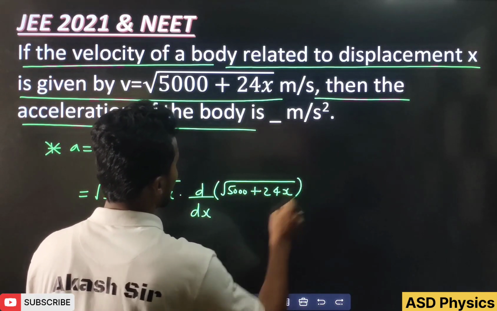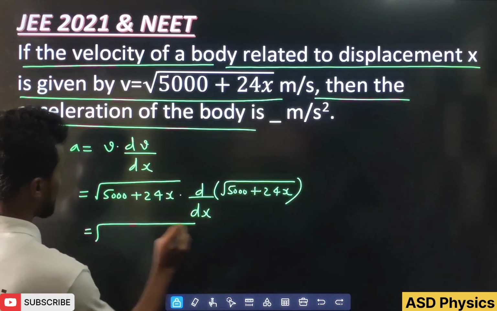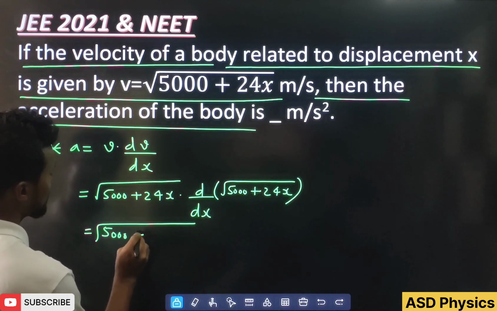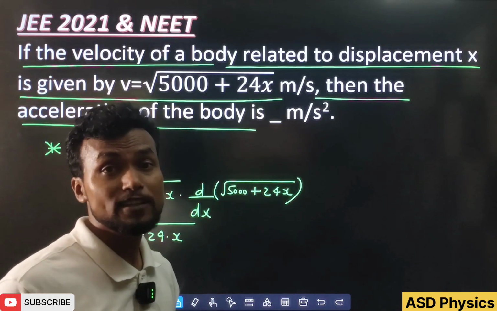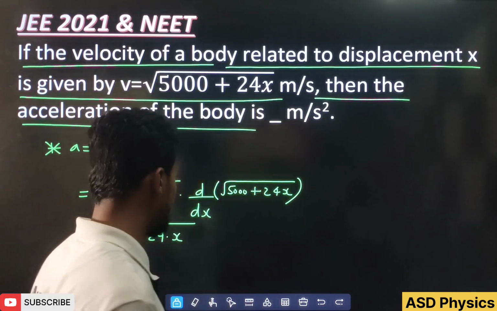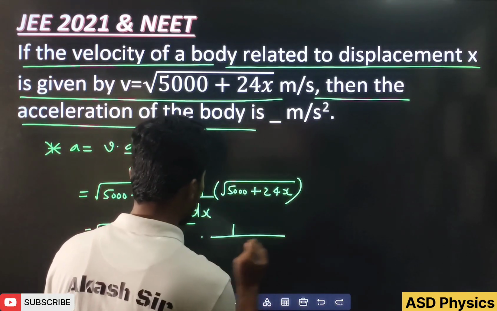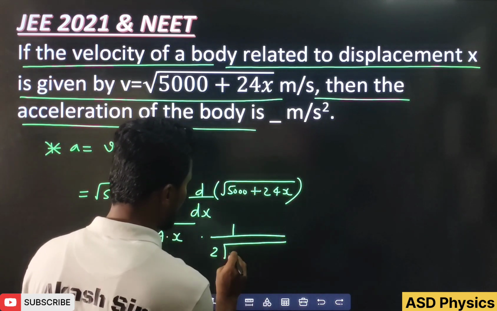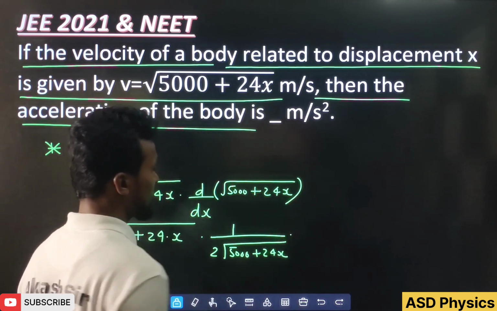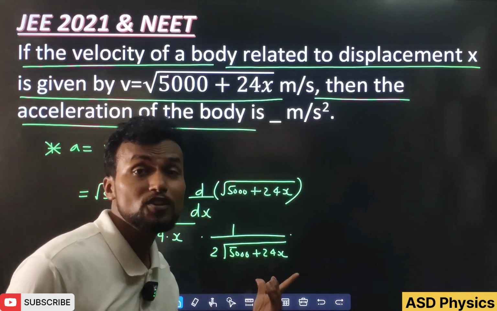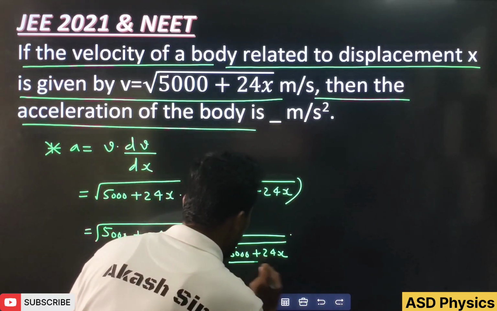I will write this as it is, 5000 plus 24x. You know d by dx of root x is 1 by 2 root x. So here also we get 1 by 2, and this full thing goes under the root, 5000 plus 24x. But remember that here it is not written only x, this full thing is there.